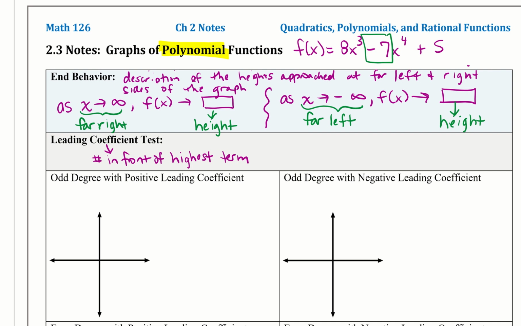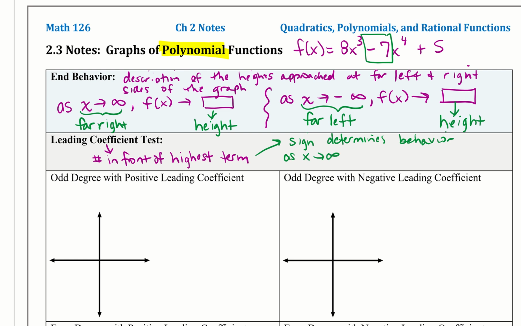The sign of the leading coefficient determines the behavior on the far right side, as x approaches infinity.